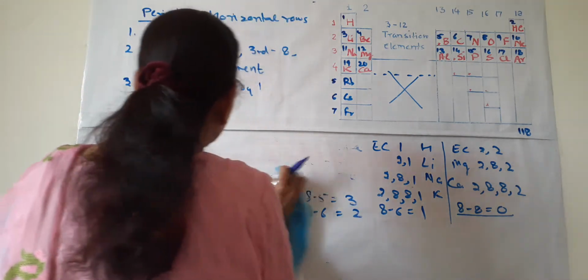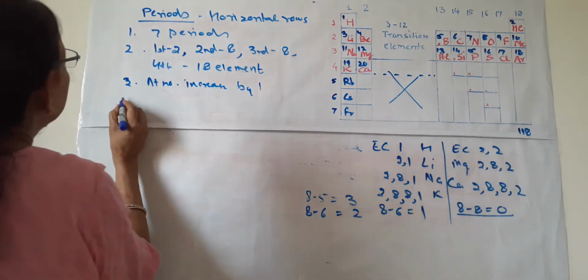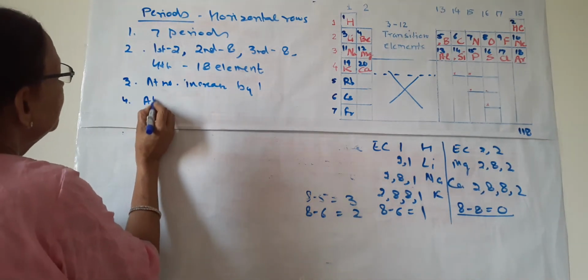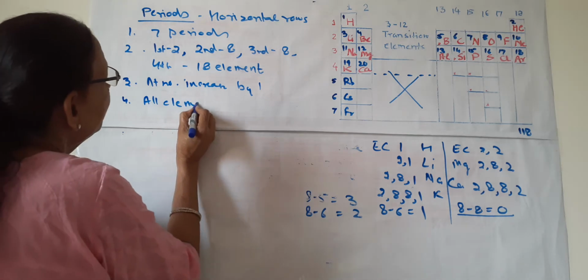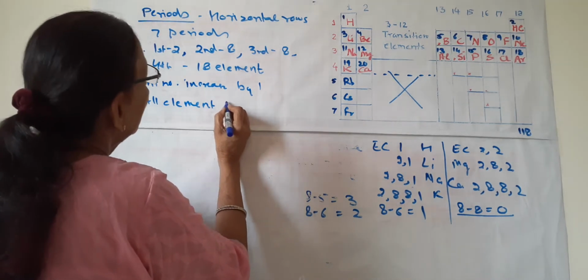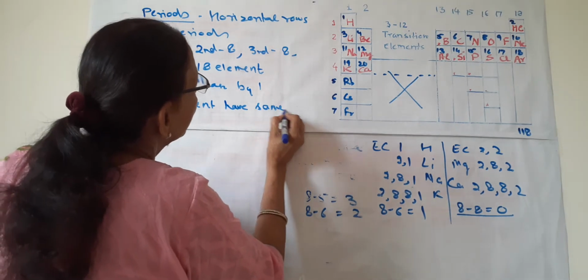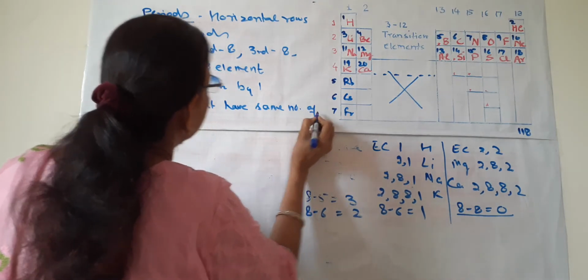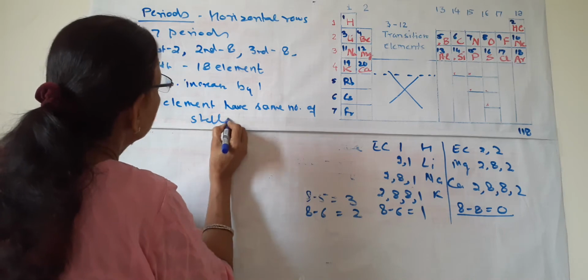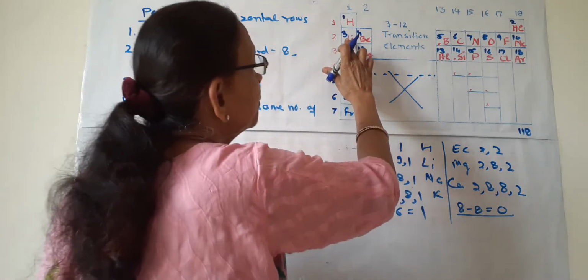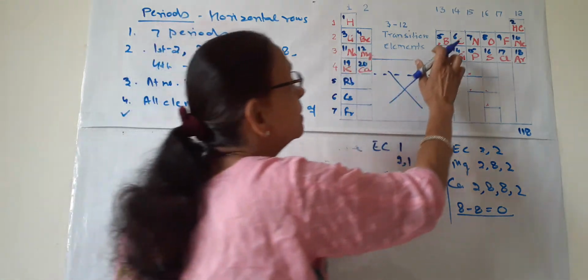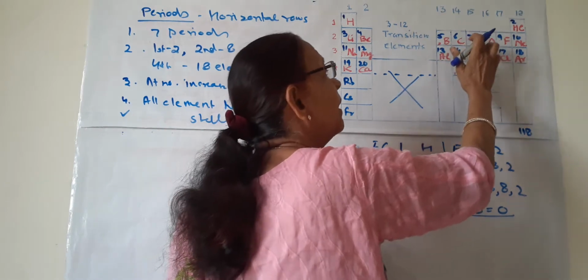The fourth point is that all the elements of a period have the same number of shells. It is a very important point. Lithium has 2 shells, beryllium has 2 shells, boron 2, carbon 2, nitrogen 2.